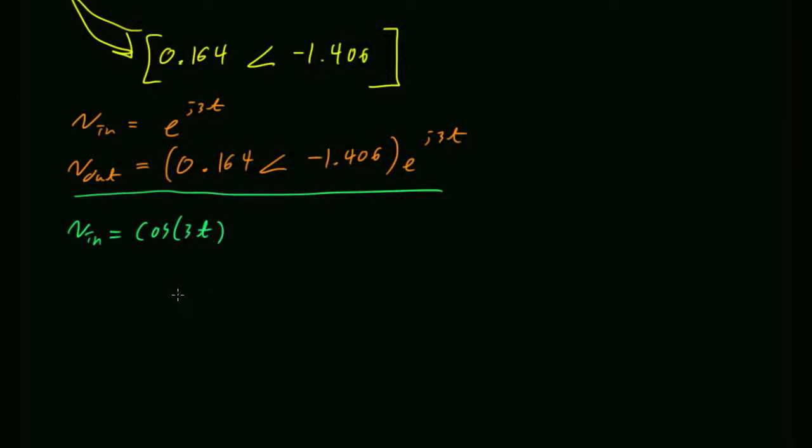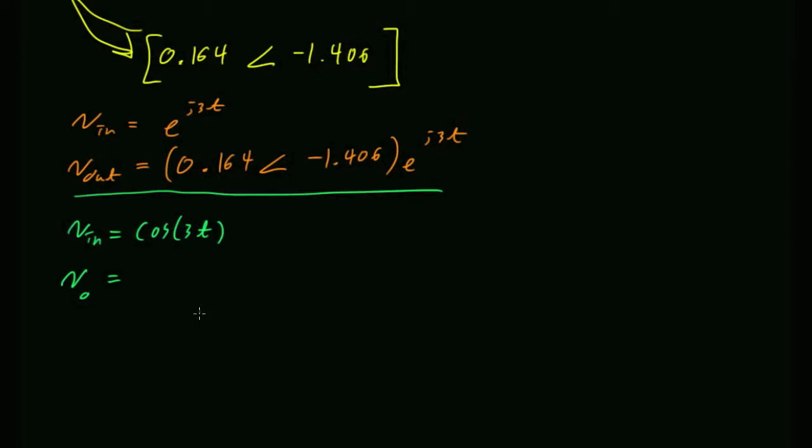So, can I use this to tell me what my output is when the input is just a cosine? Yeah?